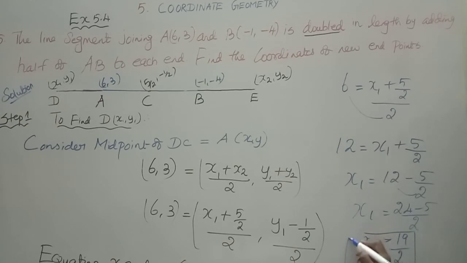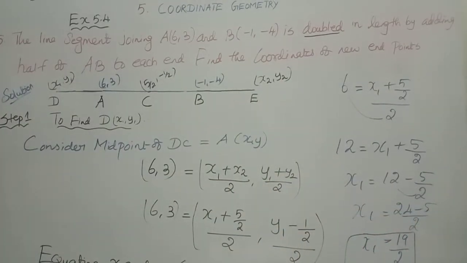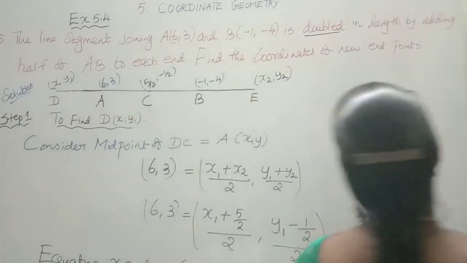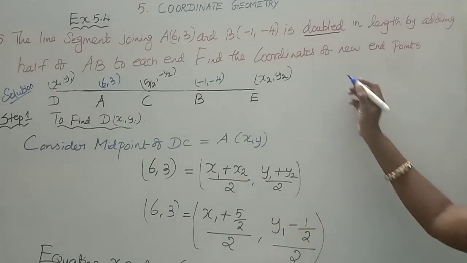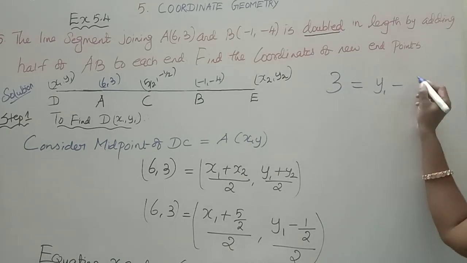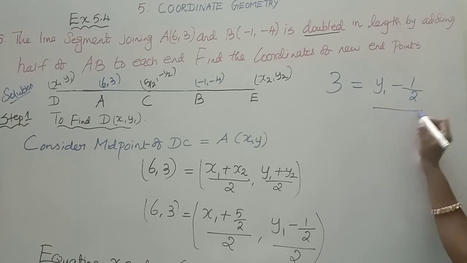This is x1. Now we have to find the coordinate y1, so equating the y coordinates. What is the y coordinate? 3 equal to y1 minus 1 by 2, by 2.